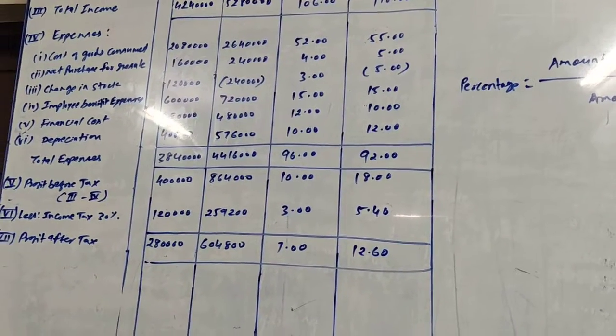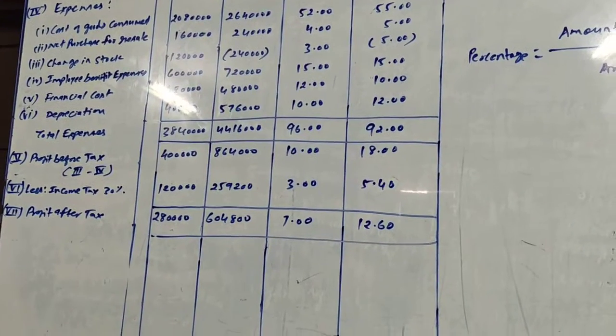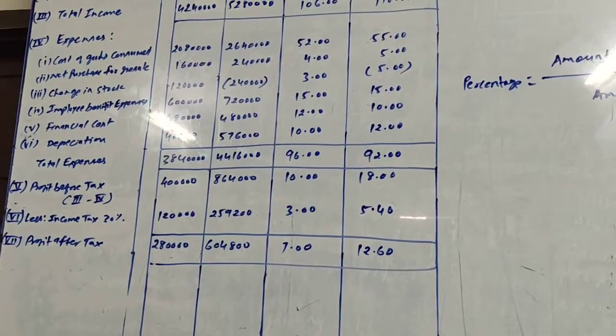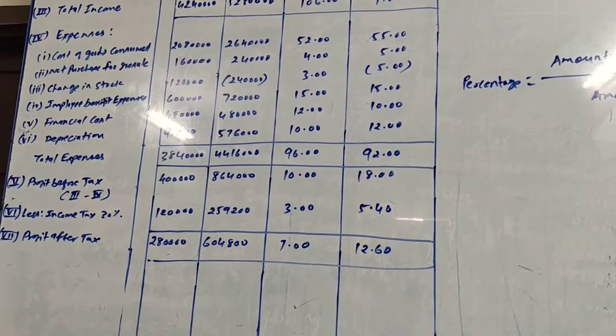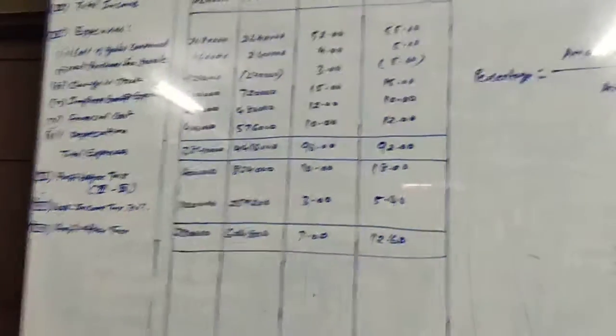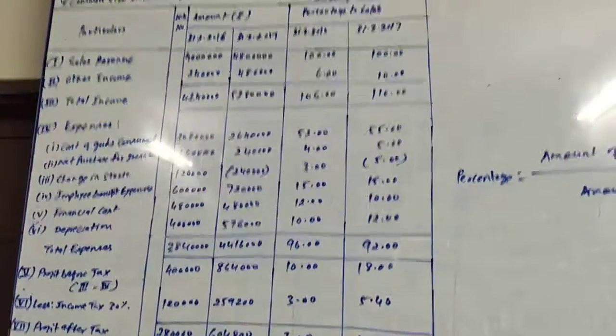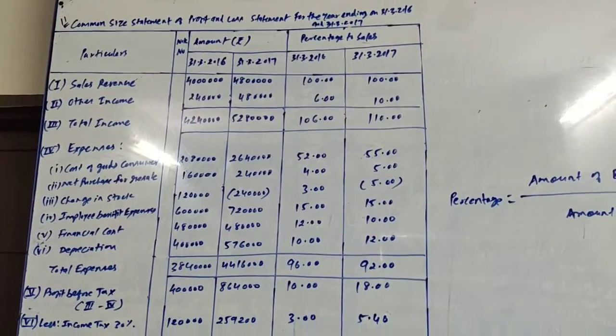And overall profit, that is net profit after tax, is 7% in the year 2016 and 12.6% in the year 2017. That means profit after tax also increased when compared as a percentage to sales. So this is how the sum and analysis is done.